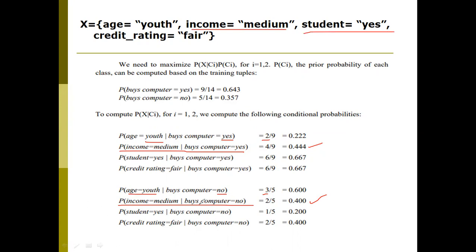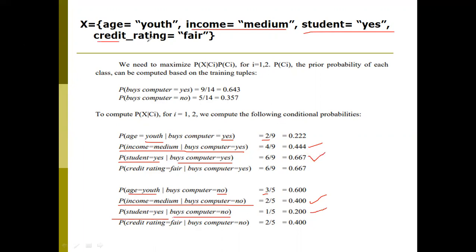Next, for student yes, the attribute is student, and under student the category is yes. If the student is yes, then he may buy a computer yes, but if he doesn't buy a computer, for this we have the values.